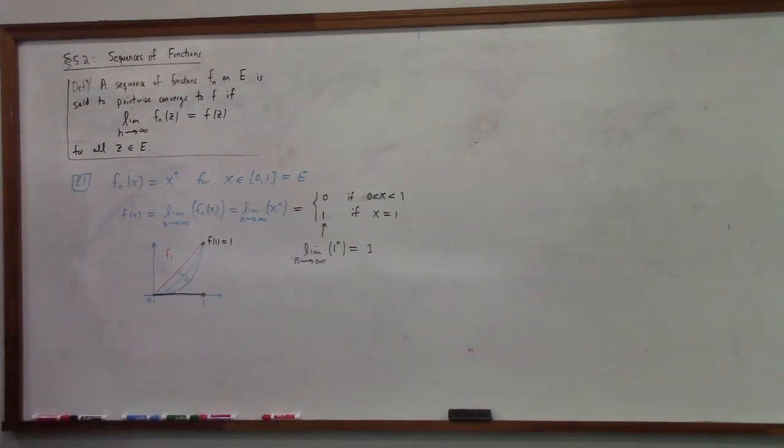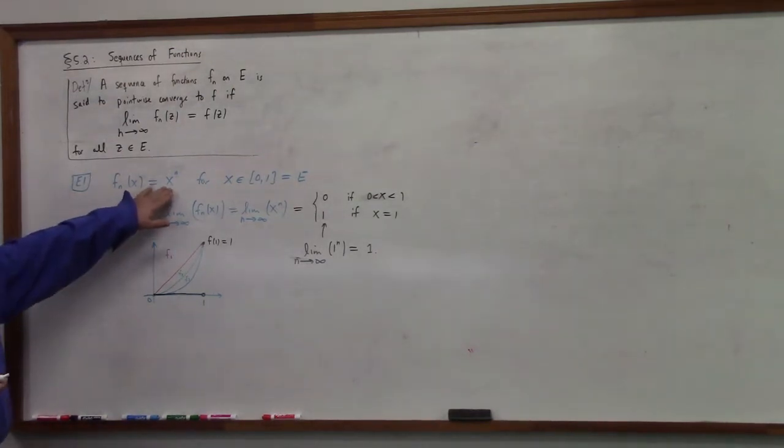So what can you tell me about the limit function f? Is it continuous? The limit function f is not continuous, right? But how about the sequence of functions? Is each one of these functions continuous? Yeah, certainly x to the n is continuous on [0, 1] for any n.